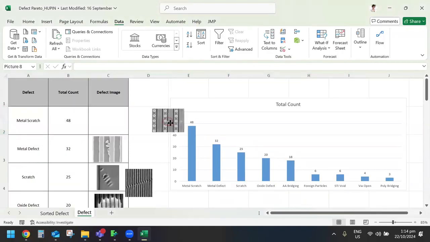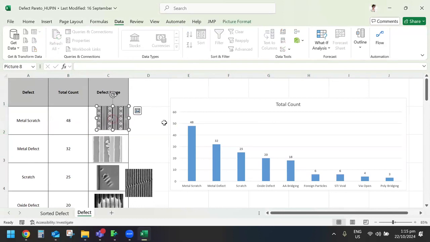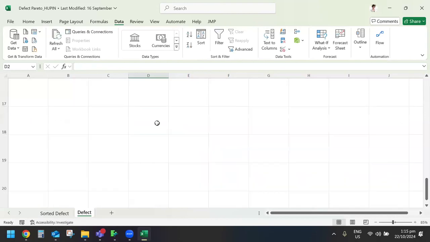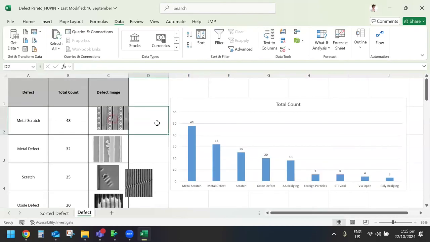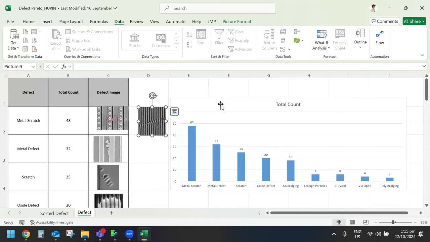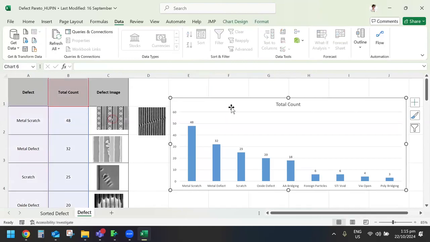Oh my goodness, how come this metal bridging is still here? The picture is still there. I see the headaches, because the nature of the picture is that it is not inserted into the individual cell. Anyway, forget about the picture, since now my Pareto is done.